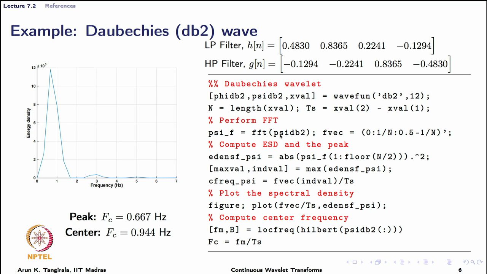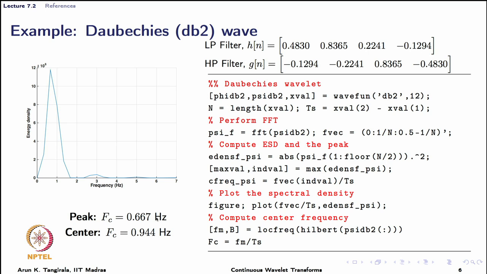The procedure is the same: compute the Fourier transform and locate the peak if you want the peak frequency of the wavelet, or use LOC-FREQ from the time frequency toolbox to compute the center frequency. Again, you have to convert from discrete time frequency to the continuous time one. So, here the center frequency reported for you is 0.944 and the peak frequency is 0.667.